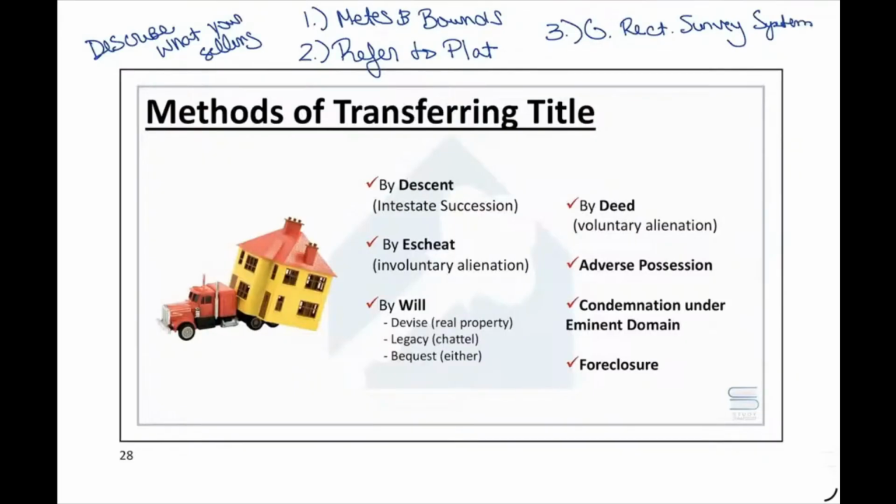There's no right way or wrong way to do this. If you're in a state that has the government rectangular survey system, that may be what you're going to do. If you're in a state like North Carolina that doesn't use it, it's really going to depend on how old is the property. If you've got a property that started transferring hands in the 1600s, I hate to break it to you, there's not going to be a plat for that. But if you've got a modern home, there's probably a plat. So it just depends. What do you have?